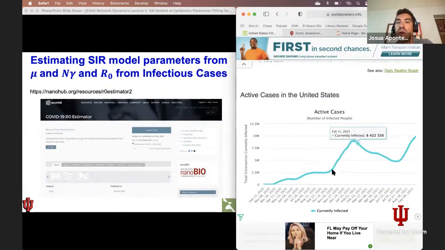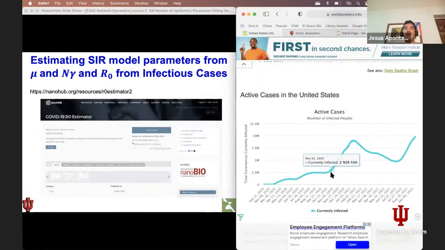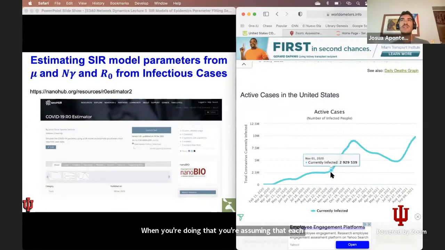But again, remember that you're assuming that each wave is its own independent epidemic, because you're assuming that previous infections are providing long-lasting immunity, and that the epidemic swept through all of your possible population.